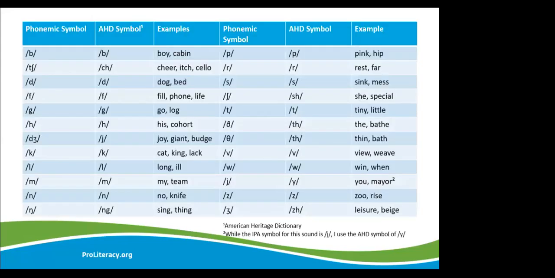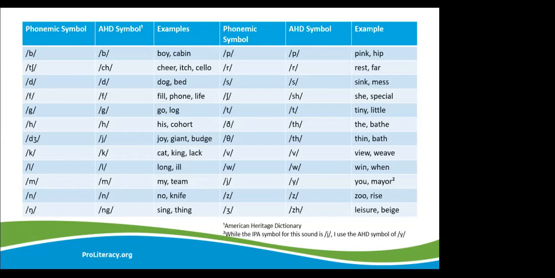This is the chart of how all of our consonants are produced. These symbols are going to be much more straightforward. I tend to use the phonetic symbol, except I do tend to use the letter J instead of Y for the J sound, or for the Y sound, like in "you" and "mayor."